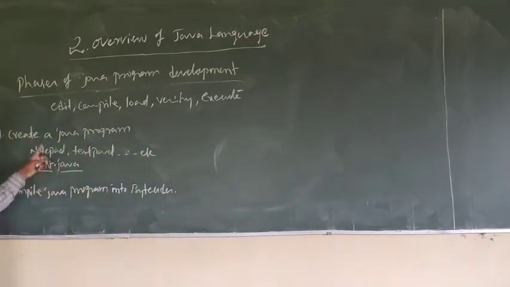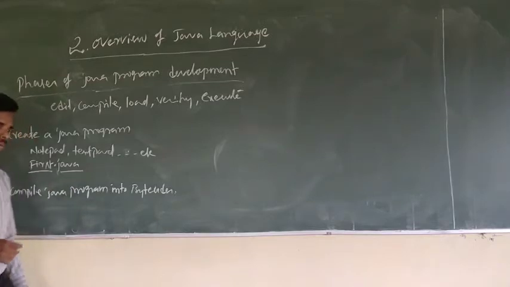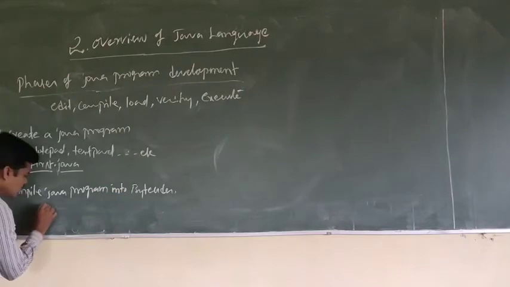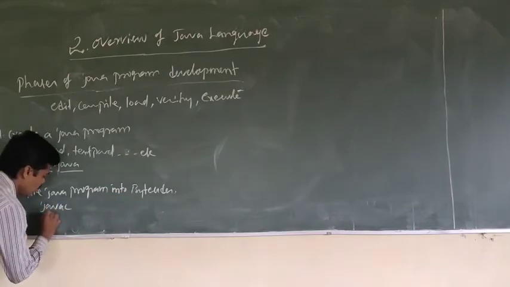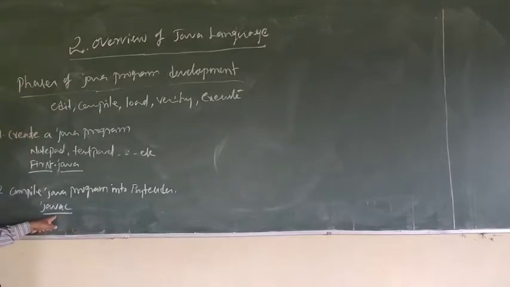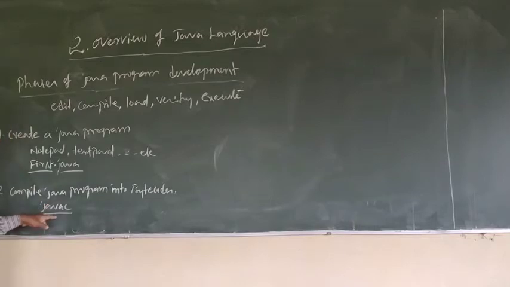Once you have created your Java program, that is your source program, you have to compile it. You compile your Java program by using the Javac compiler. This is the tool you use to compile your Java program. We get your program from the hard disk into main memory, and after that we start compilation.